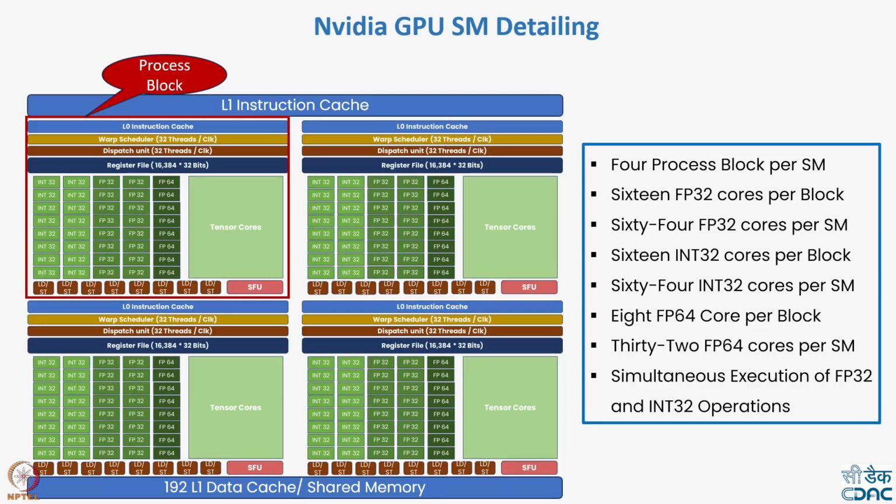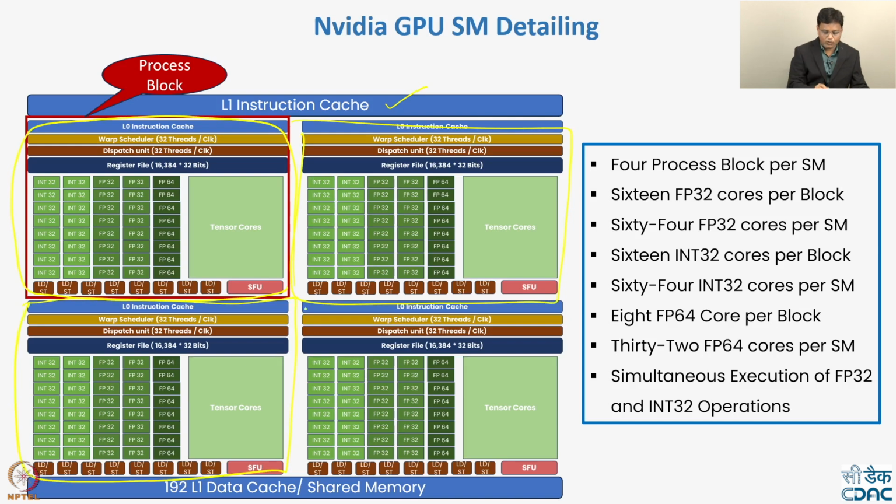Let us discuss the streaming multiprocessor in detail. This is the main section where the actual compute cores exist. Here you can see that at the top there is an L1 instruction cache. Within that, there are some block-like structures. Within an SM, the actual compute cores are further arranged into blocks.